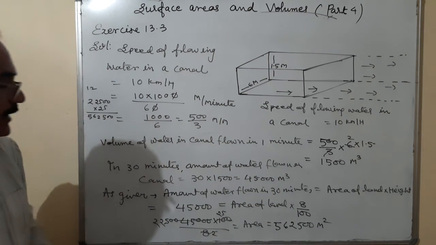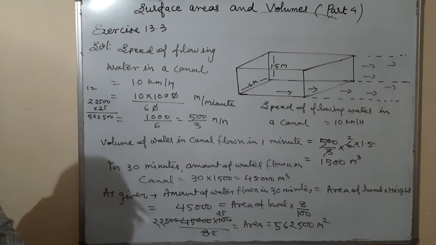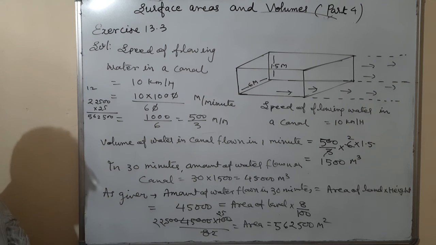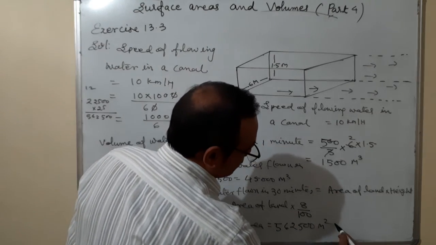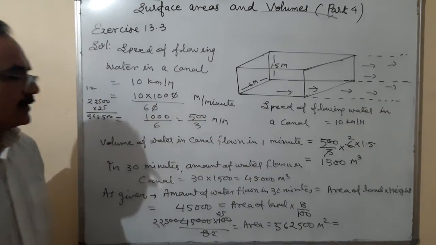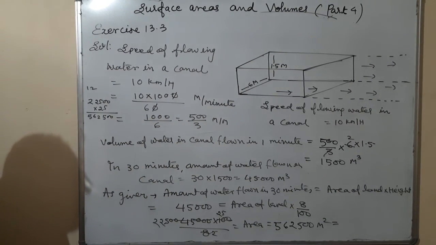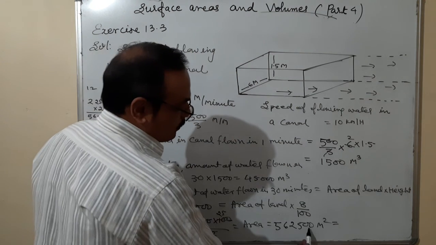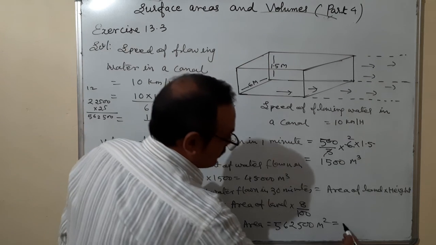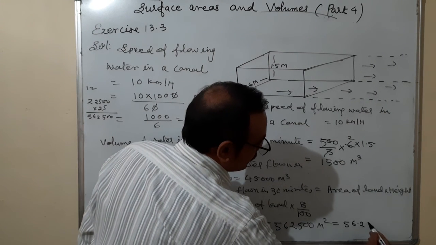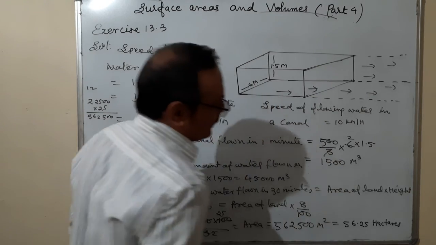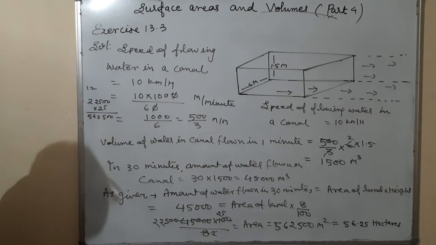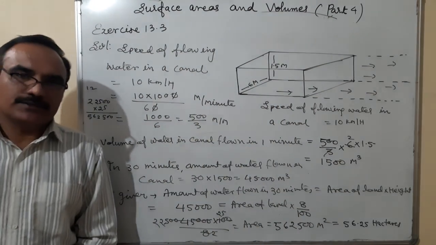Meter square, because here we have got area. If you want to convert into hectare, as you know that 1 hectare is equal to 10,000 meter square, so divided by 10,000, we may write here 56.25 hectare. 56.25 hectare area will be irrigated by it.